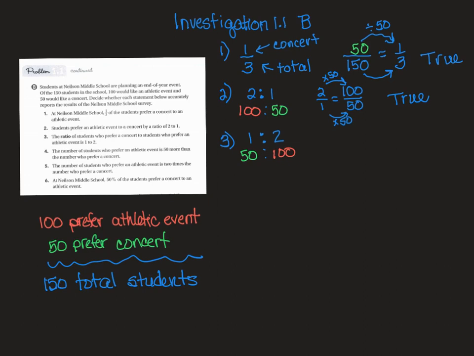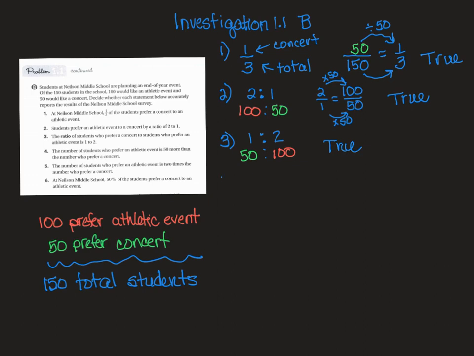Notice that I'm very careful where the concert and the athletic numbers go. The ratio of 2-1 is athletic events to the concerts. Okay, the ratio of concert to athletic events is 1-2. So you need to make sure that you are really watching how it is worded. Okay, so that's 1, 2, and 3.